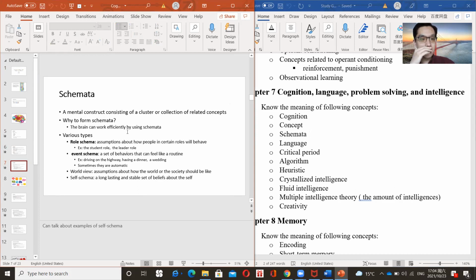Such as a role. A role is a kind of schemata. Such as a student role. So a student can be a concept, but it can be a schema. Because in that role, there are a lot of things, right? So going to class, writing assignments, and so forth.